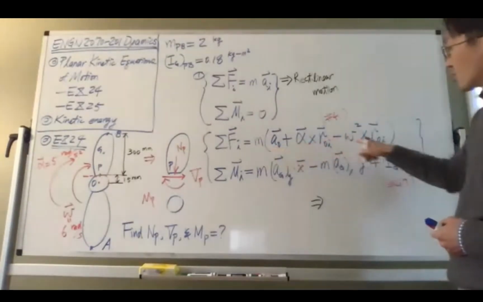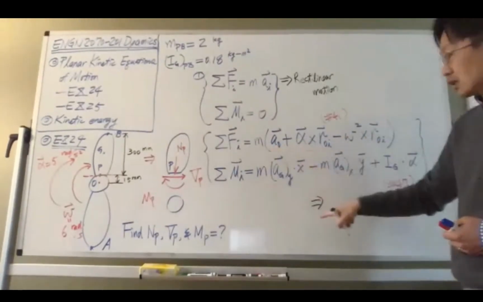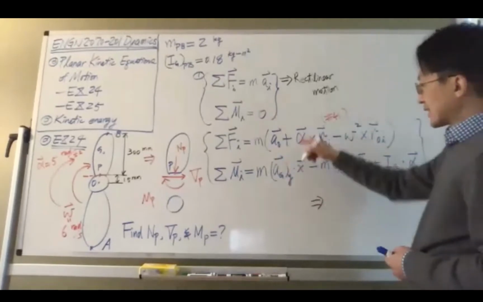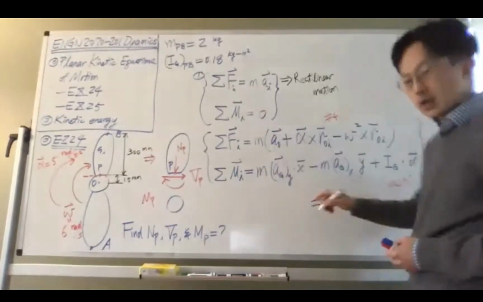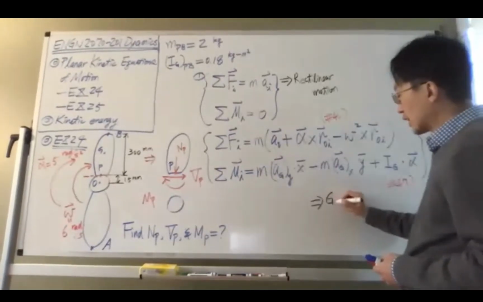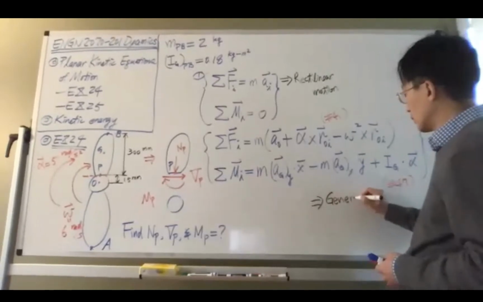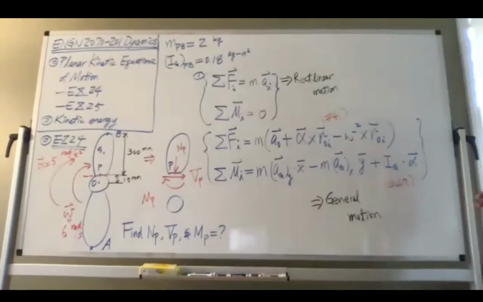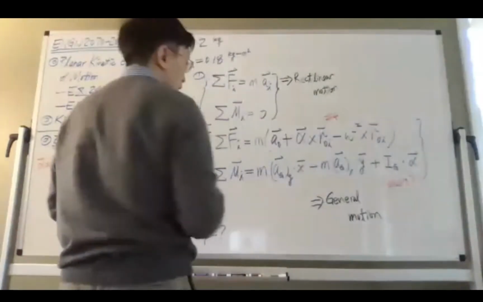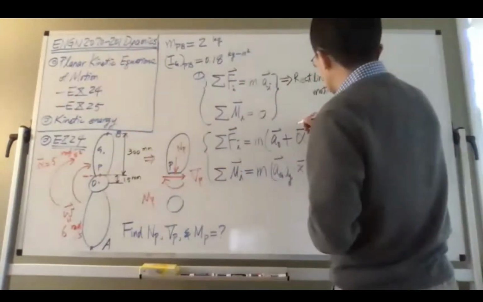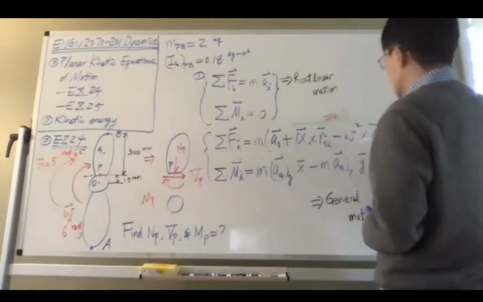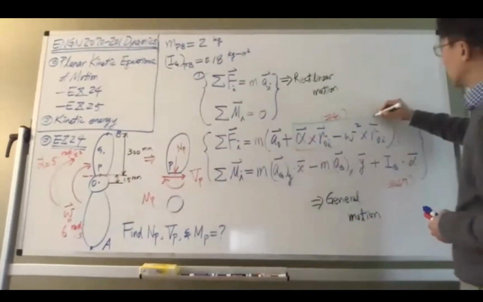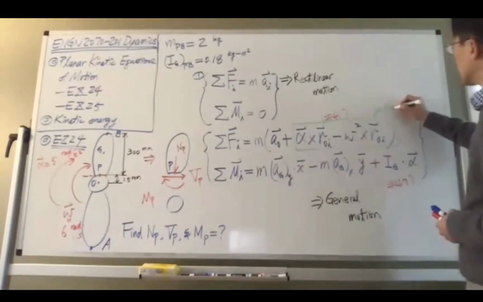When you have the other two, that means angular motion. So the second set of the force and moment equilibrium is actually not just for angular, but for general motion. With this part for rectilinear.